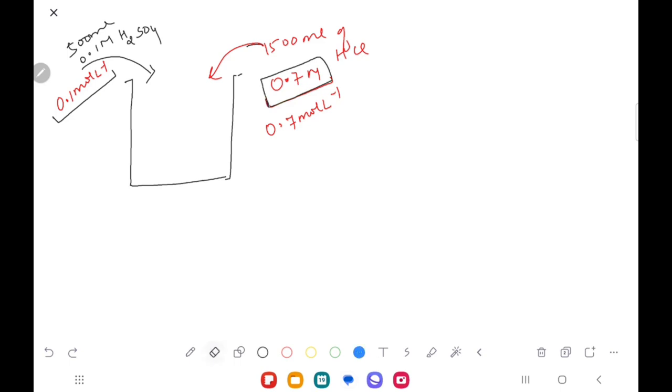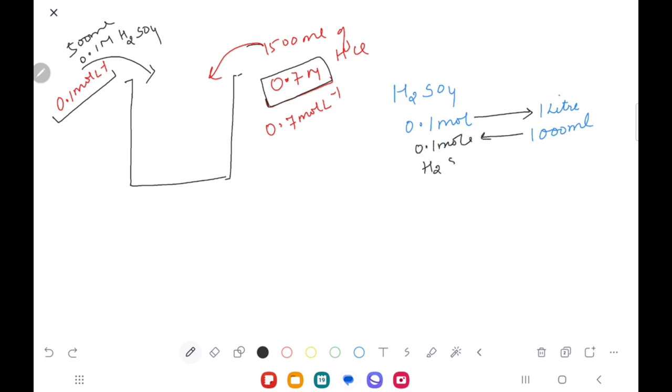For the H2SO4 that you're adding into the beaker, you say that it is 0.1 moles in 1 liter. What is 1 liter? 1000 ml. Are you understanding my point? So 1000 ml of solution contains 0.1 moles of H2SO4.